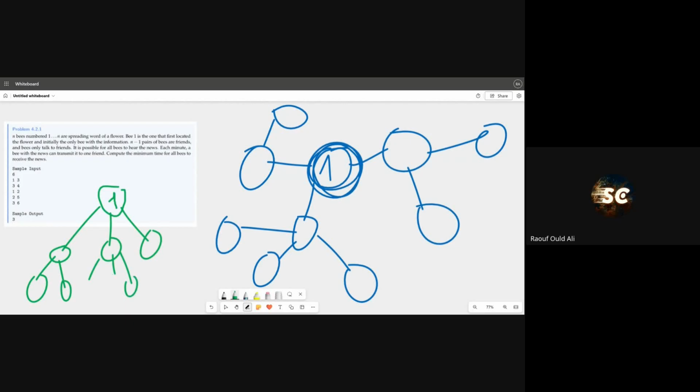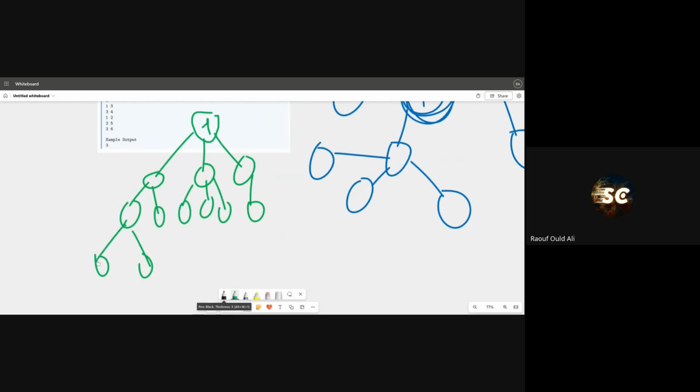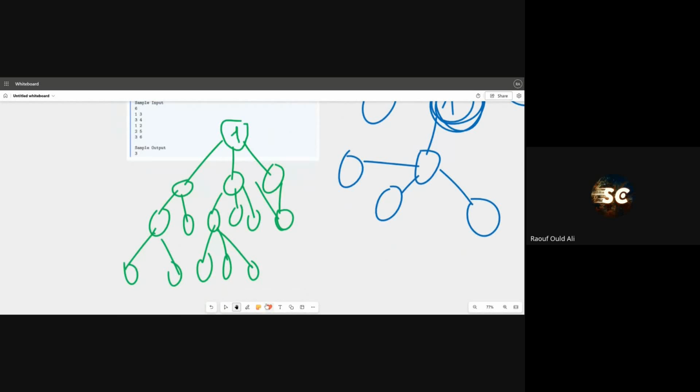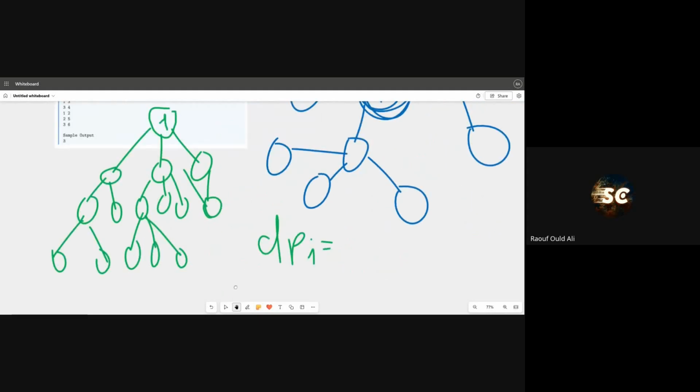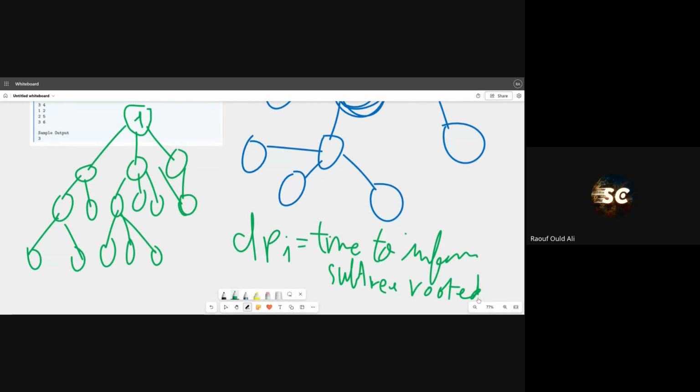Okay, good. So we define DP of I as the time needed for BI to inform the subtree rooted at I. And so our answer is DP of 1.